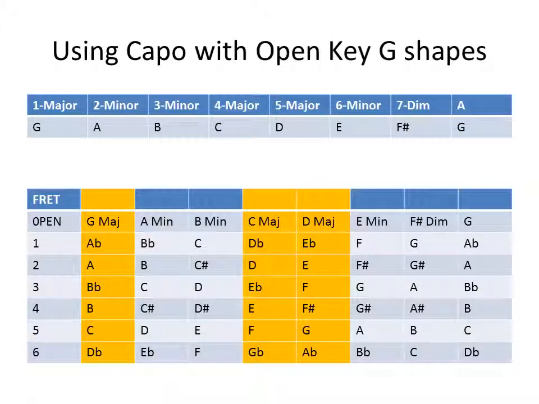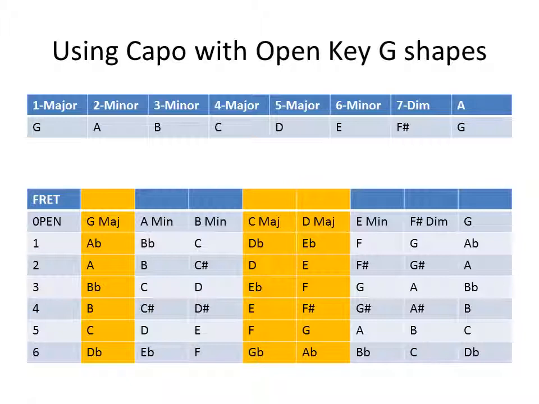Okay, so, if you want to use a capo with the open key of G shapes, it's pretty easy. You just throw your capo down and you pretend that the capo is the nut of the guitar. You just pretend like you're using a shorter guitar. Now, you're like, well, how do you know what key I'm playing?